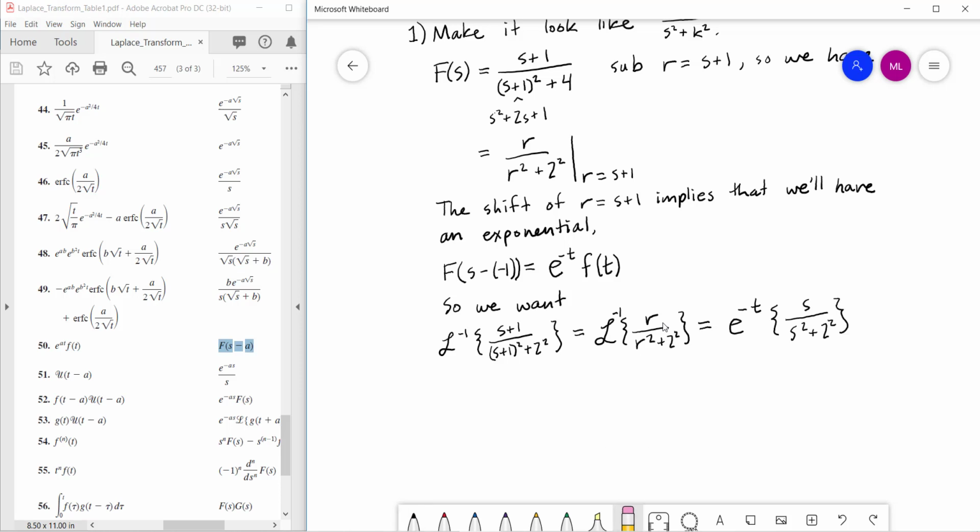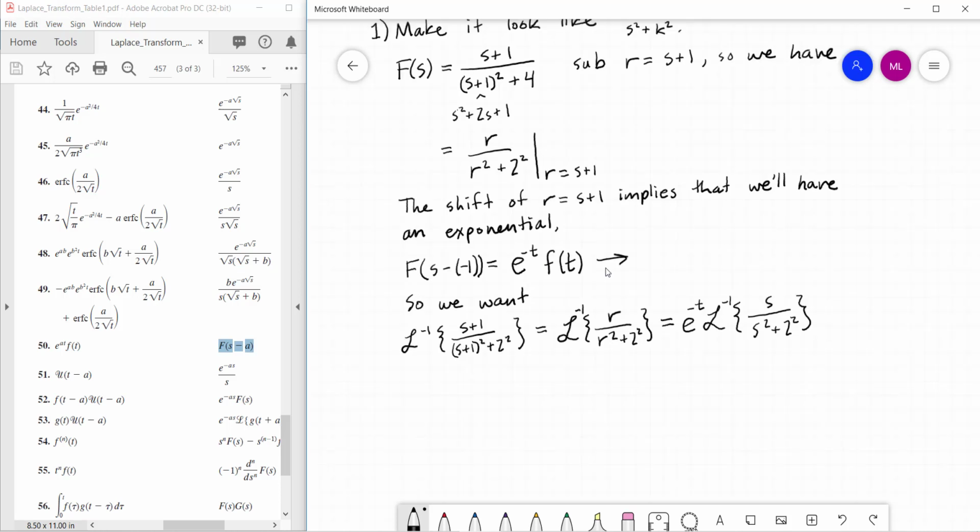Here's my inverse Laplace symbol, and we have an e to the -t out in front of it. The shift that occurred in here, this s plus 1 shift, by converting back to the original variable s without that shift, what we did was pick up this e to the -t. It's essentially telling us exactly what we've got right here. So if I think of this as an s minus a with a equal to -1, I could treat it the same as doing e to the -t times the Laplace transform of f.